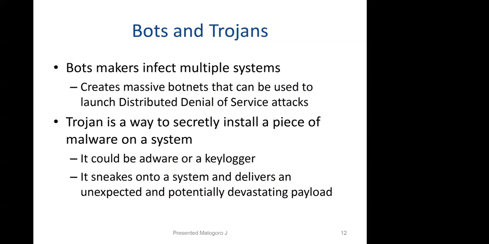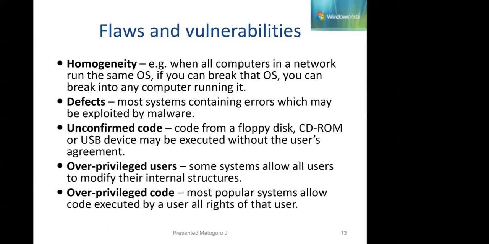And while the Trojan is a way to secretly install a piece of malware on a system, it could be hardware or a keylogger, and most of you have already mentioned the keylogger. So Trojan can come in form of hardware or in form of a keylogger. It always sneaks onto a system and delivers unexpected and potentially devastating payloads.